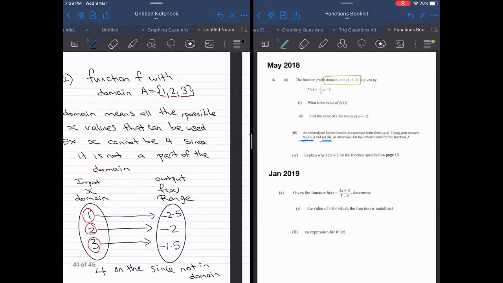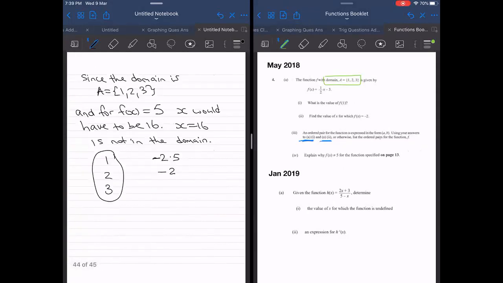So you want to imagine you have this, and then you have the 5 outside. You have 16 matching to 5. I'm saying that it wouldn't be in the circle because the only things in the circle are the 1, the 2, and the 3.